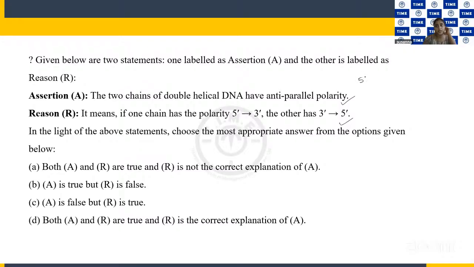If one is 5' to 3', then the other is 3' to 5'. And that is what is explained here. So A and R are true, and R is the correct explanation of A. That is option D. It was an easy question.